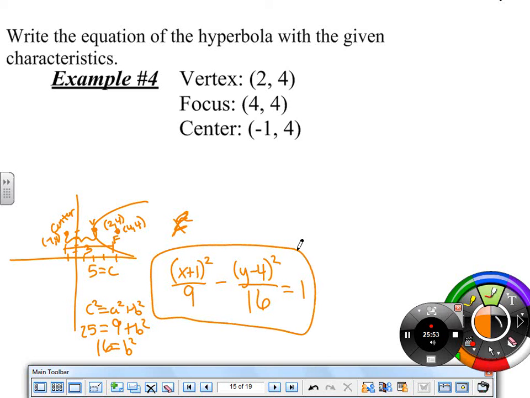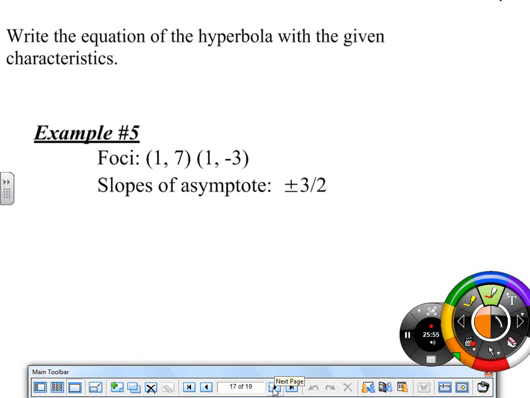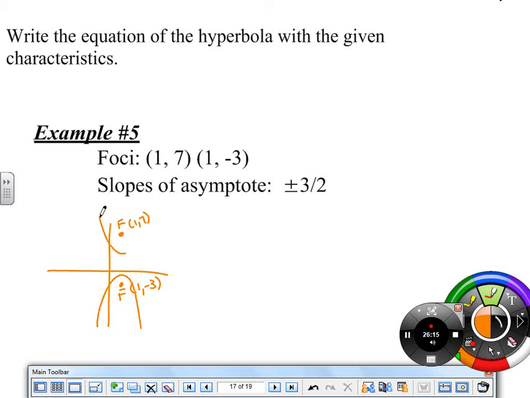All right. And our last example. So we're told where the two foci are. So at 1, 7 and at 1, negative 3. And so that tells me there's vertices somewhere, and my hyperbola is going like that. So I know it's vertical.